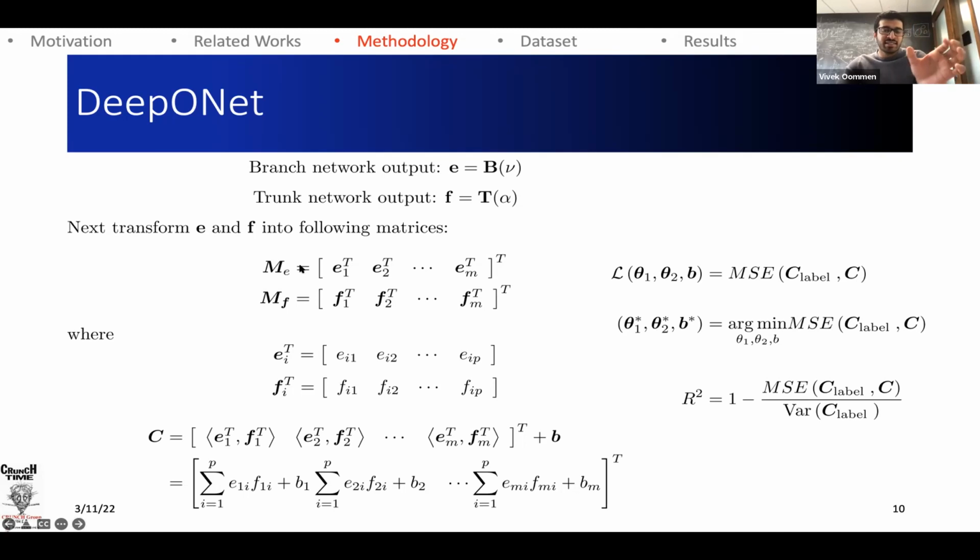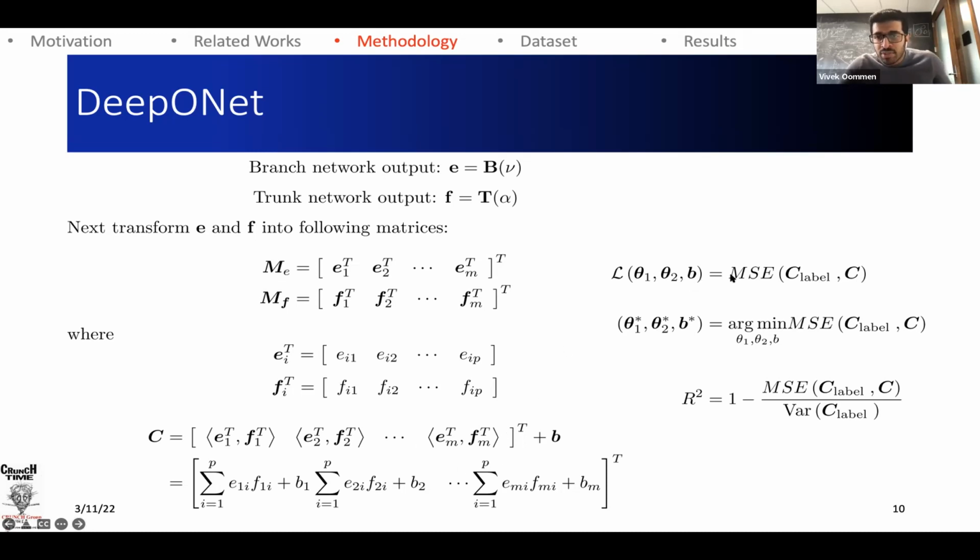So E consists of two P-dimensional vectors, and F, the output of the trunk net, is also represented as two P-dimensional vectors. Now we perform an inner product operation on each of these so that the dimension P is reduced, and to each of these functions we add the bias. This is what is done in this term.